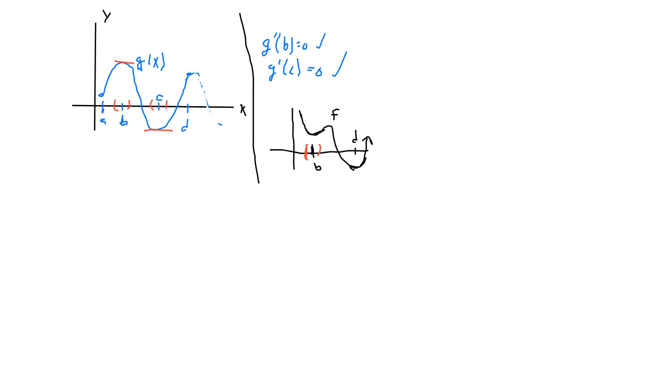Good. So does this help you see the difference? Is this helpful? Good, all right, wonderful. So an absolute minimum or absolute maximum does not have to be a local minimum or a local max, and you'll see this in the example here.